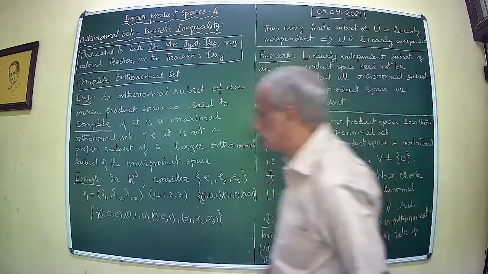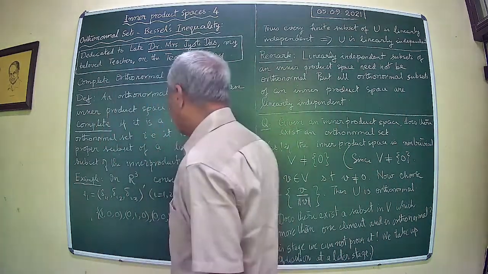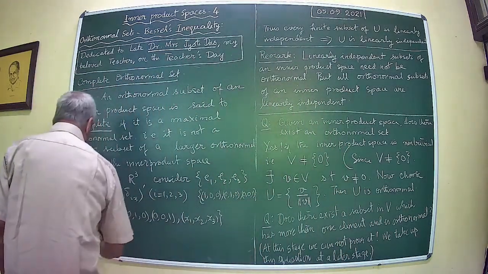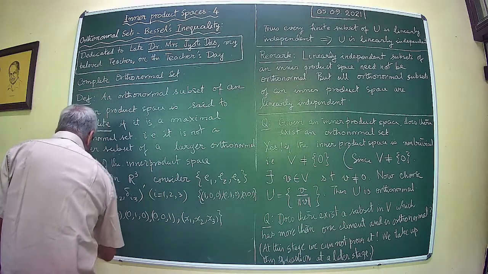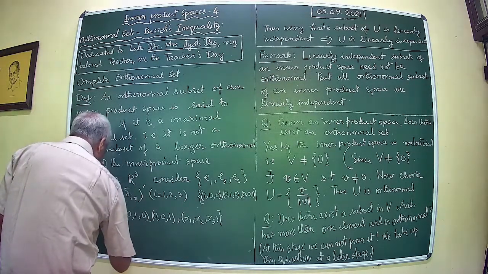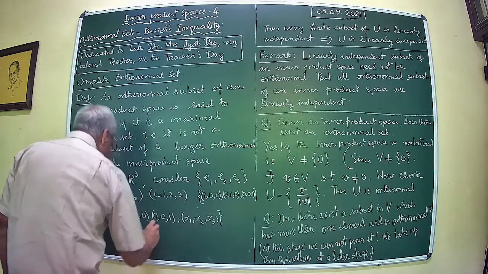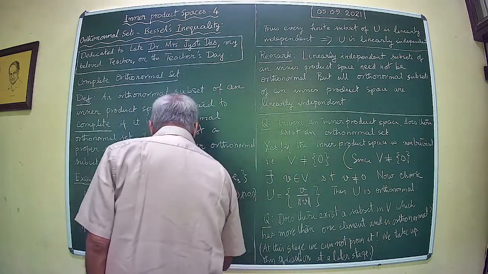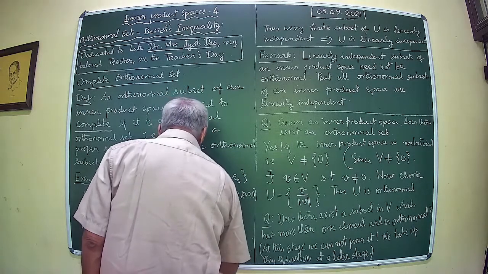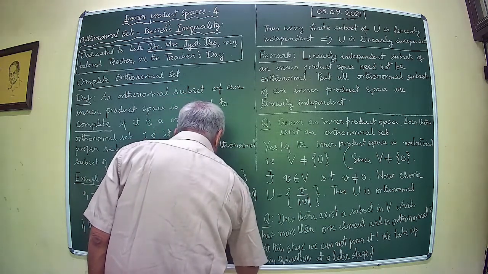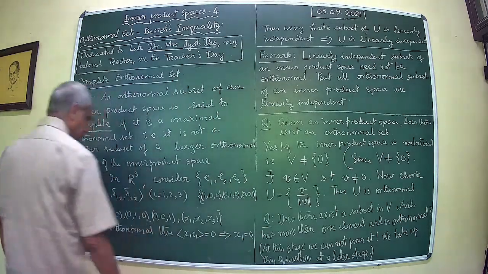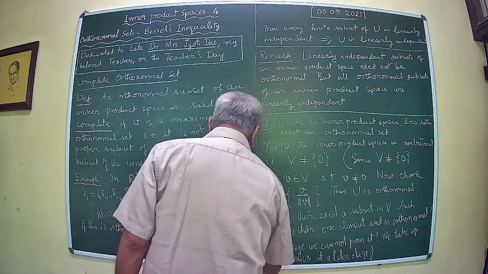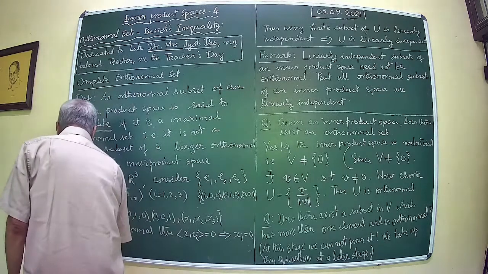If you demand that this is an orthonormal set, then you see that this is orthogonal to the first one, and I can say x·e_i equal to 0 implies x_i equal to 0 for i equal to 1.